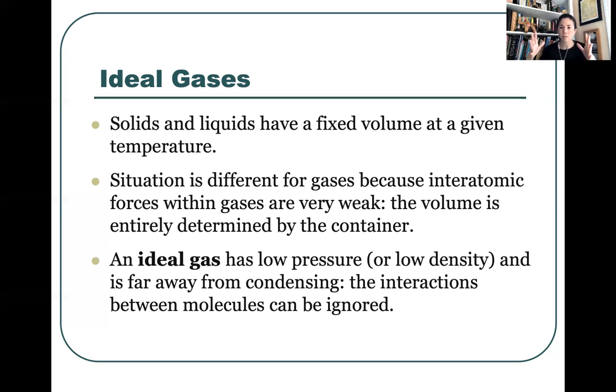So you can think of your box as filled with molecules of your gas, but they are not interacting with each other. You could consider a bunch of dots that are independent from each other. Okay, and so there's no attraction or repelling effects within your container.